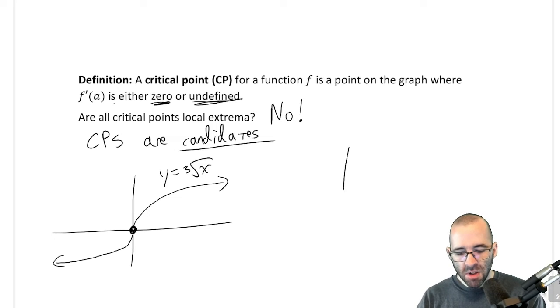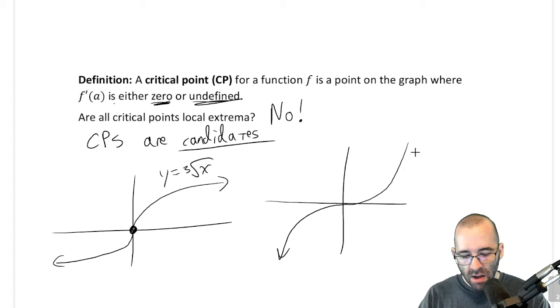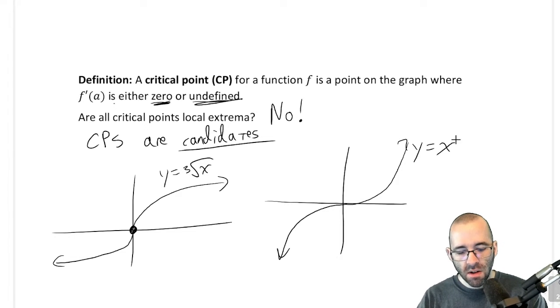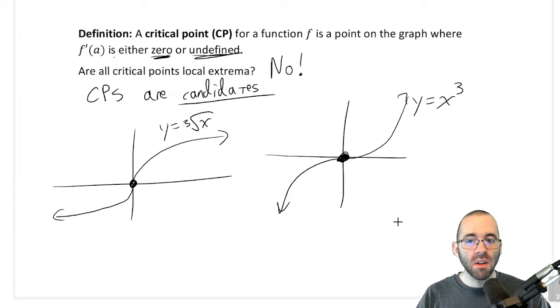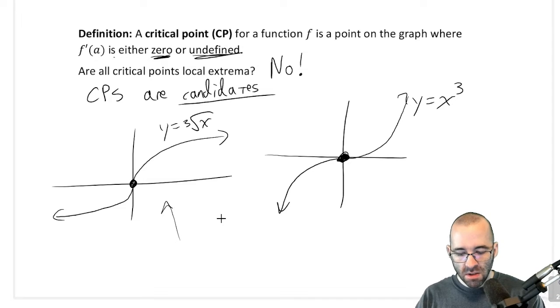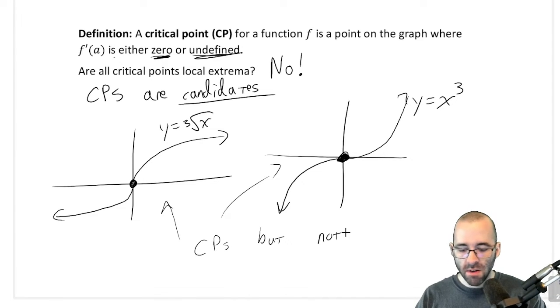Similarly, what about a very similar graph, x cubed? We have a horizontal tangent line right here. This is a critical point. It's also not a local extremum, okay? So here are 2 examples of critical points, but not extrema.